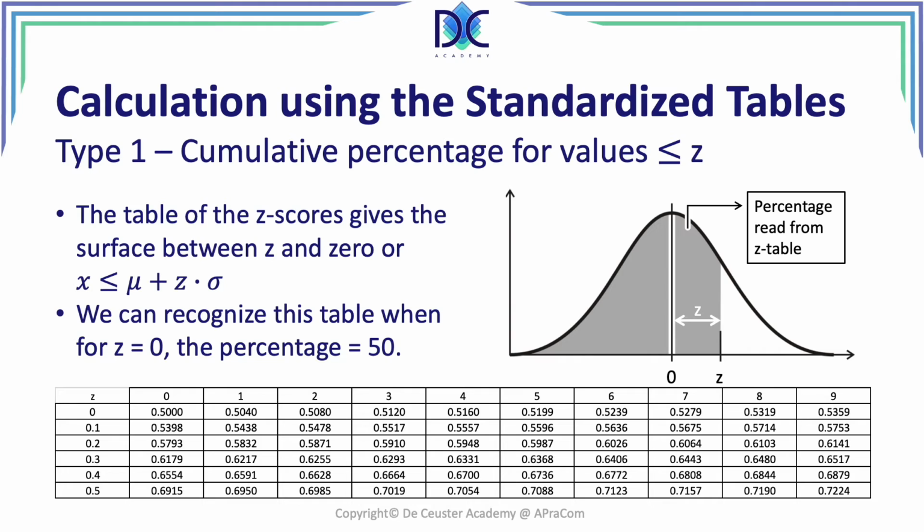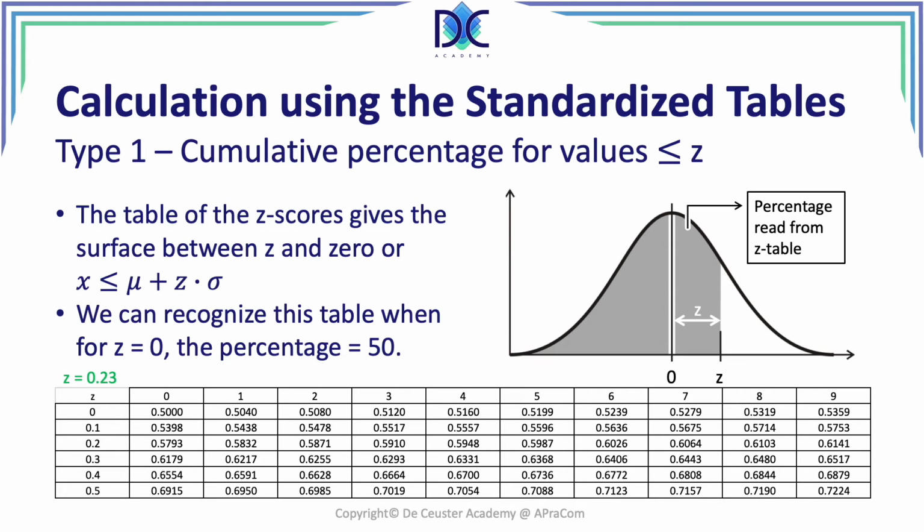Let's have a look at a simple value, z equal to 0.23. So x is in fact the average plus 0.23 times the standard deviation. We have a positive z value. It means that x is to the right of the average. In this table, we can also have negative values.